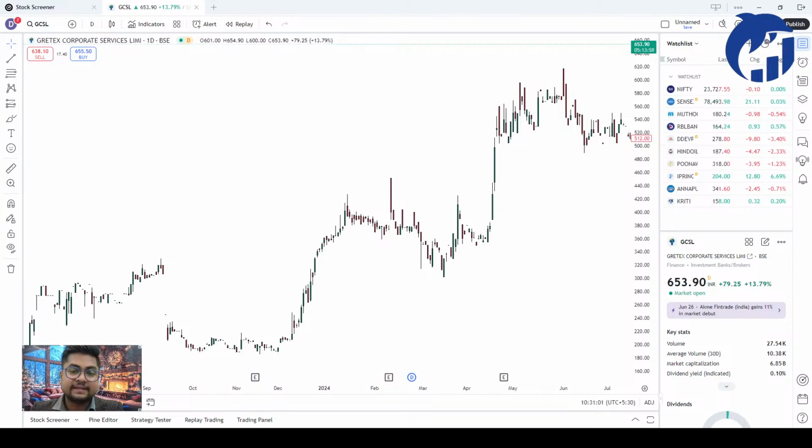Just look here: why is it increasing from this level, around 190 to 200, to 600? Why has it increased from this level to this level? Let me know why it is increasing. Any guesses?